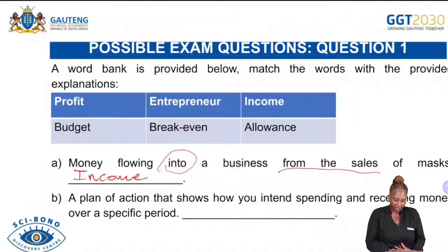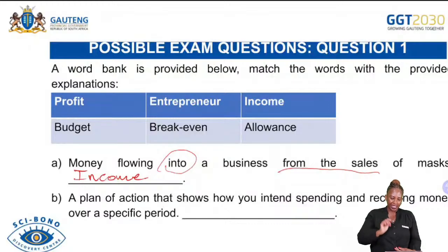B: a plan of action that shows how you intend spending and receiving money over a specific period. A plan of action. That means you have to plan. Remember what I said to you. You are jotting down everything.